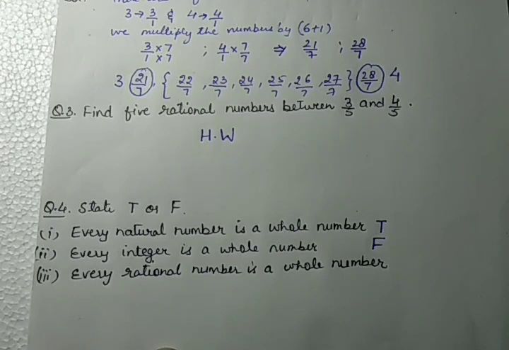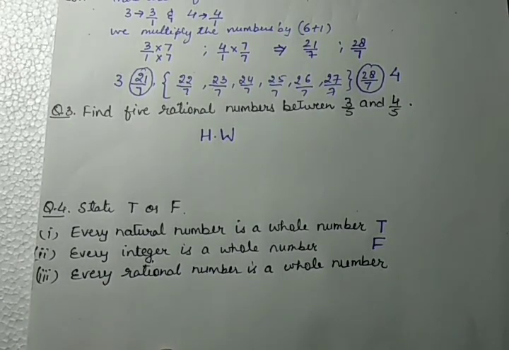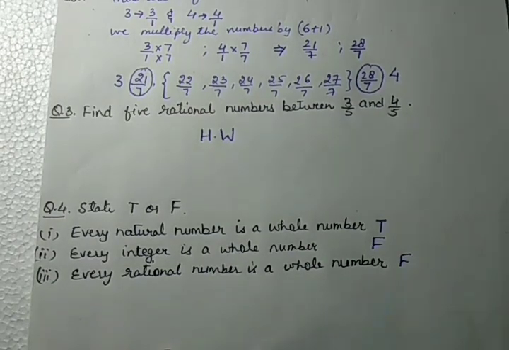No. 2 by 3 is not a whole number, because whole numbers are the numbers like 0, 1, 2, 3. It does not include decimal numbers. It does not include fractions. Right? So the answer for this question, every rational number is a whole number, is false.